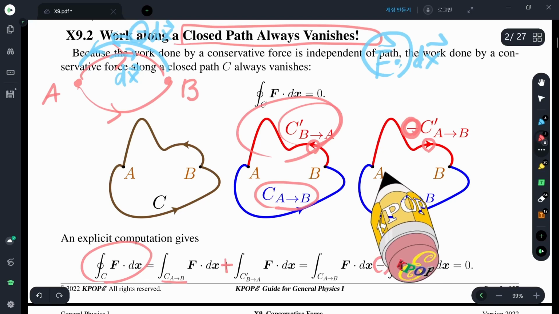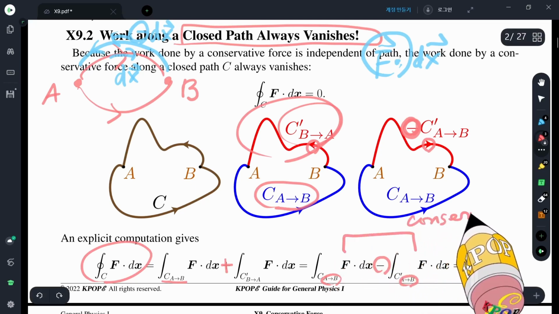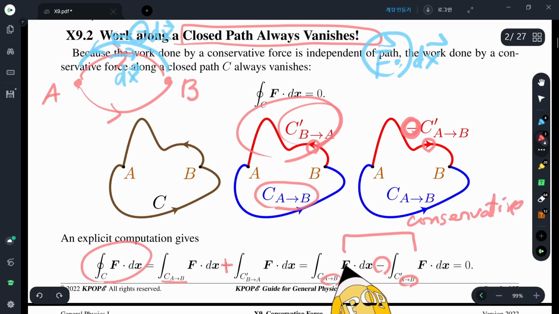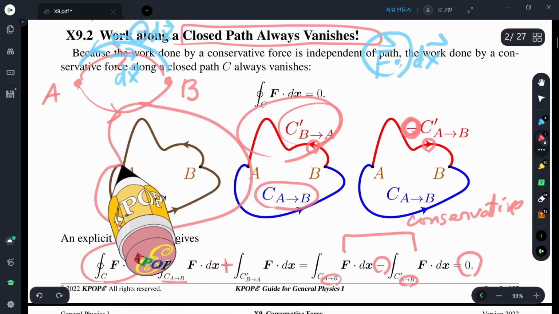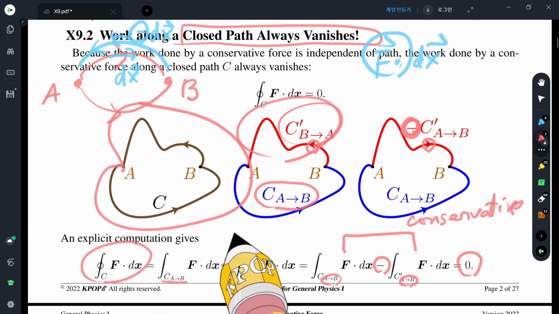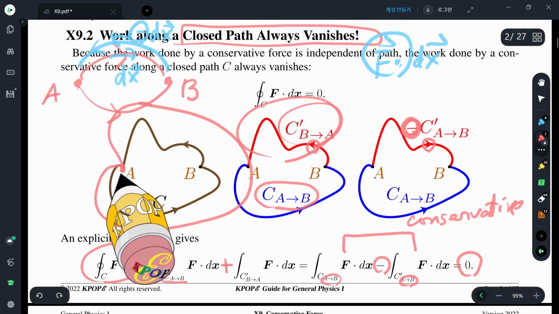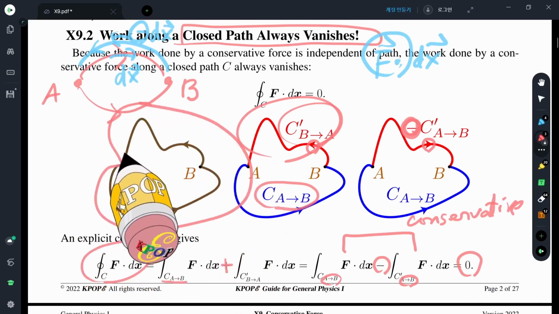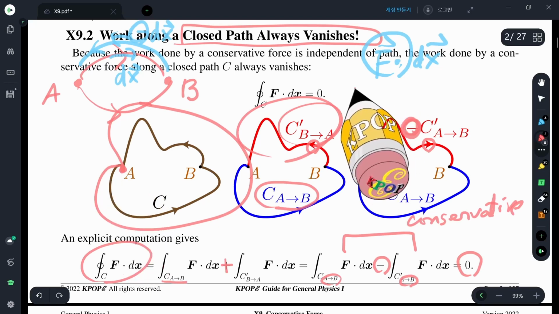But we know A to B, regardless of the path, the values are the same. That is conservative. So because they are the same, they cancel exactly to give 0. As a result, along any closed path, a conservative force does not work at all if we return to the same place, to complete a single, or double and then multiple loops, as long as the closed path is satisfied.